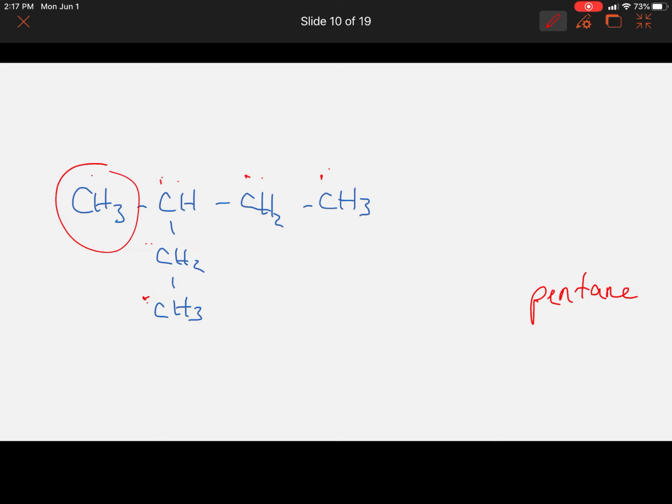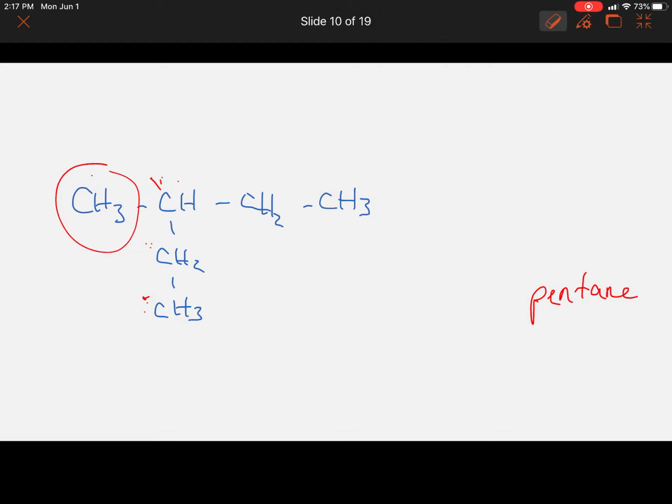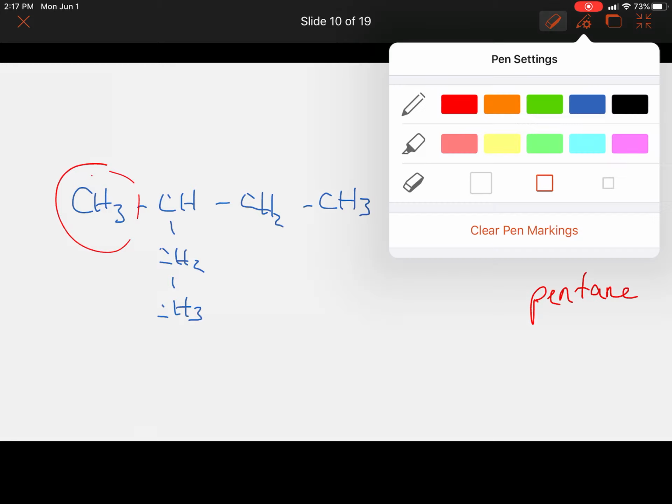Now I have to number, so I'm going to look for the lowest numbering combination. I'm going to look at this radical and think, well, if I start from the bottom, I'm going 1, 2, 3. If I start from over here, I'm going 1, 2, 3. So they're both the same, so it doesn't actually matter where I start from.